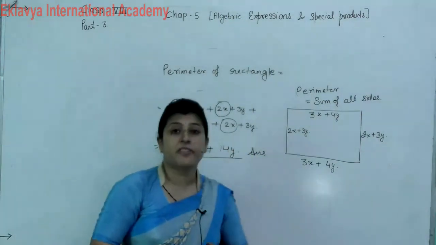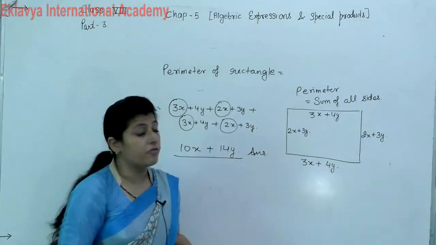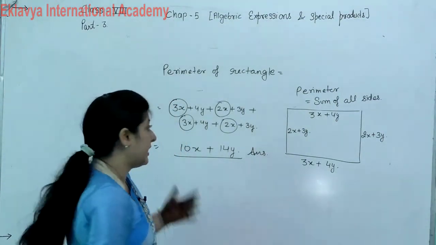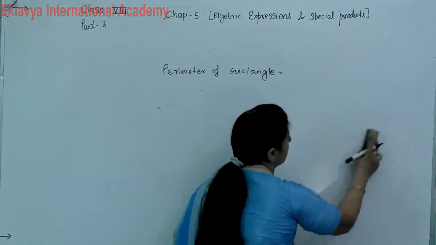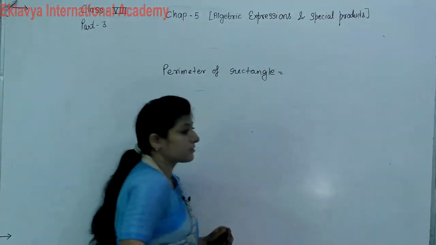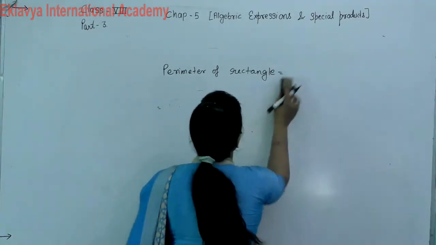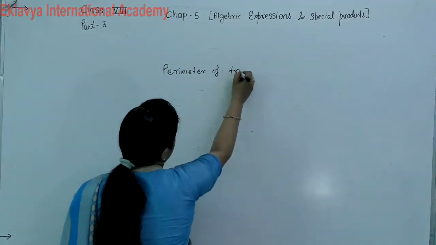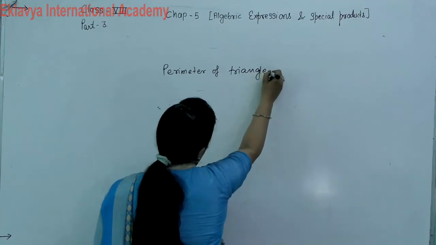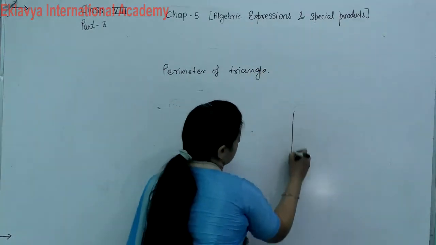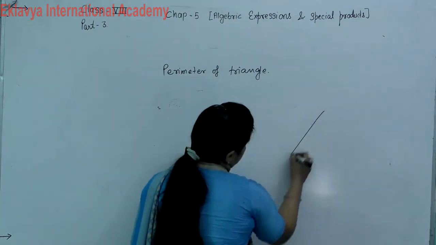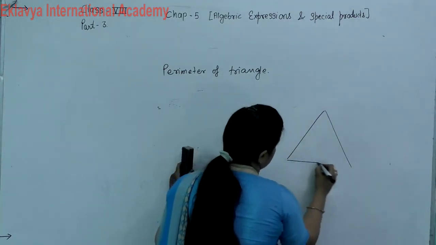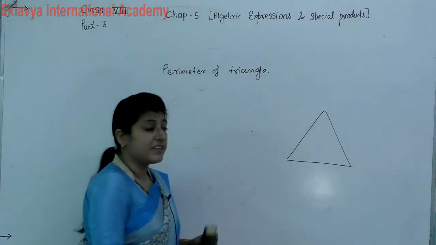This time we will find the third side of a triangle. Suppose this type of value is given to you.